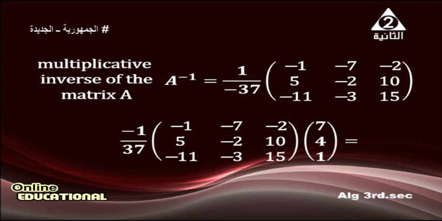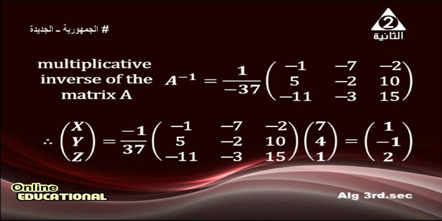To find x, y, z, we multiply the inverse by the constant matrix. What is the constant matrix? 7, 4, 1. In this case, we multiply the first row, negative 1, negative 7, negative 2, by the first column 7, 4, 1, each two corresponding elements: negative 1 times 7, plus negative 7 times 4, plus negative 2 times 1.